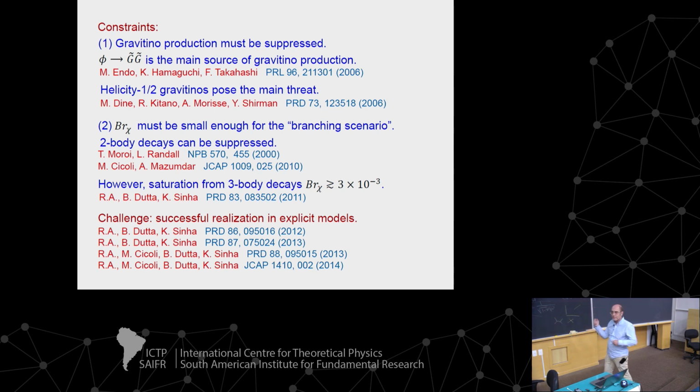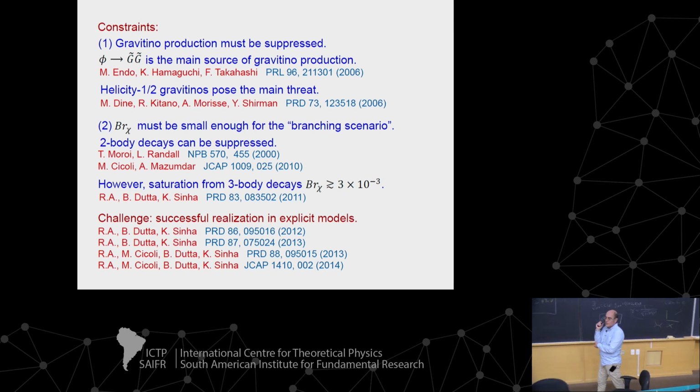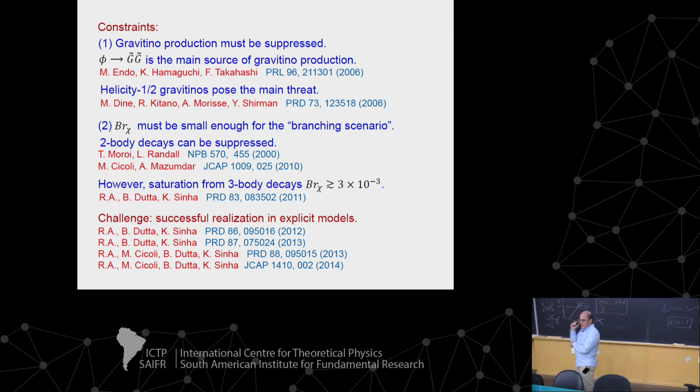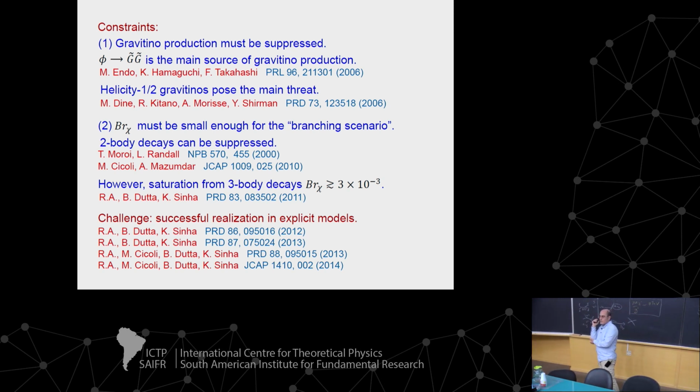Okay. So if the branching has to be small, then phi must be decaying to something else. And what? Right. But that changed the assumption you made from the very beginning, no? Because phi would only couple to dark matter, but the branching to dark matter is small. No, I didn't say it is only coupled to dark matter. Actually, the hidden assumption is that it is mainly decaying to other things, not dark matter.